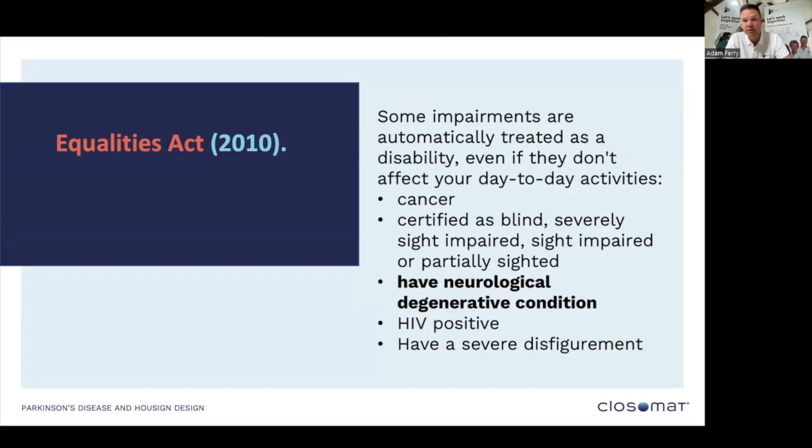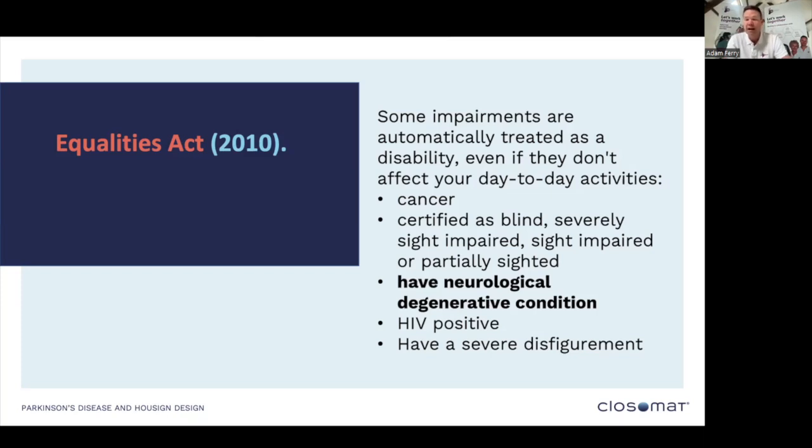But within the Equalities Act, some impairments are automatically treated as disability, even if they don't have an effect on day-to-day activities, including cancer. If you're certified as blind, severely sight impaired, or partially sighted, have a neurological degenerative condition. So it gives the example of MND, I think it is, in the Equalities Act, but it's any neurological degenerative condition, such as Parkinson's, being HIV positive, or having a severe disfigurement.